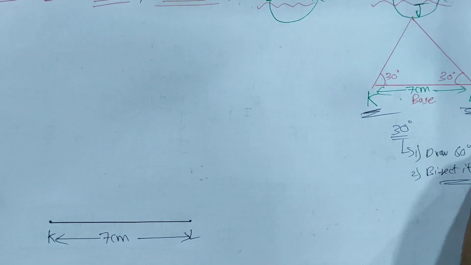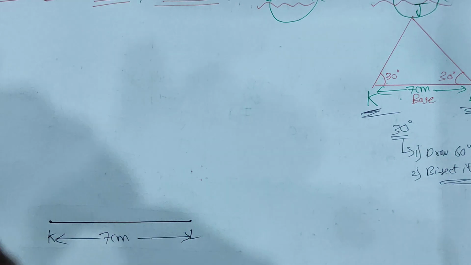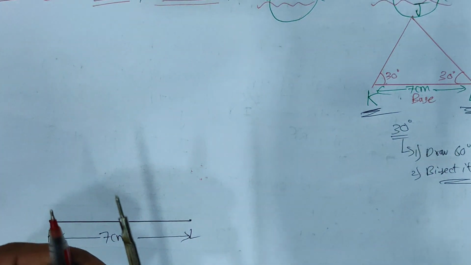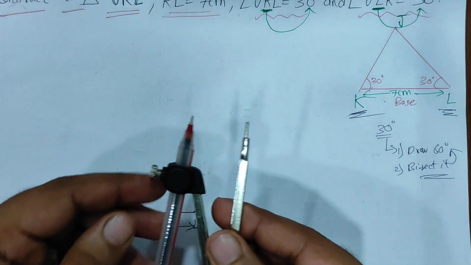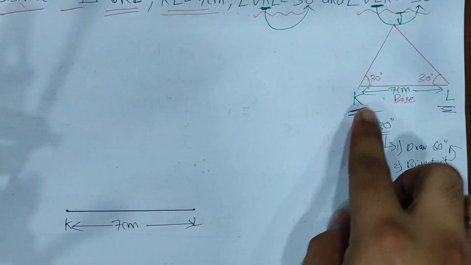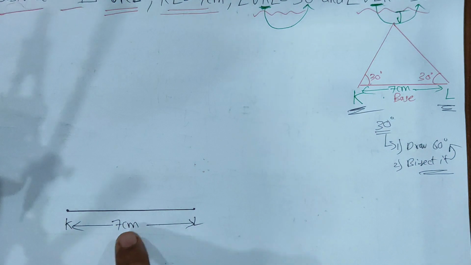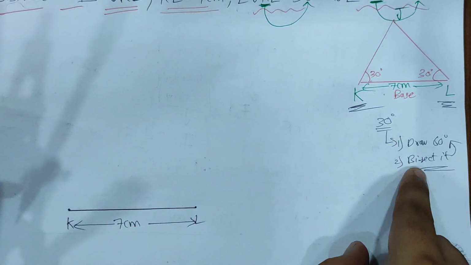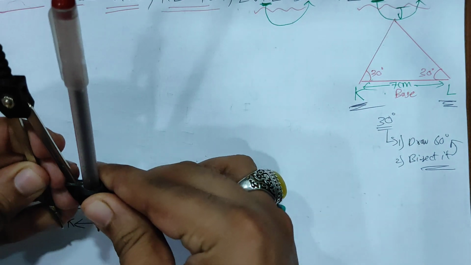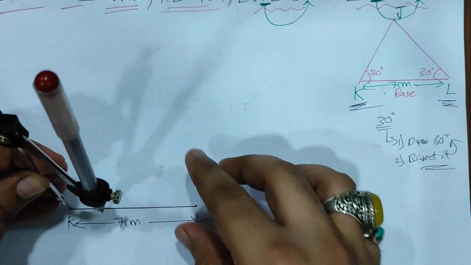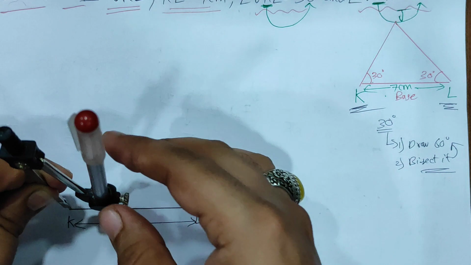Okay, now pay attention. Now I'll take a random measurement of 2 centimeter. Okay, basically 2 centimeter over here. I have to draw 30 degree at K as well as L, but first I have to draw 60 degree and bisect it. So now that means I'll be drawing 60 degree at K as well as at L. So any random measurement over here, keeping at point K, see this.